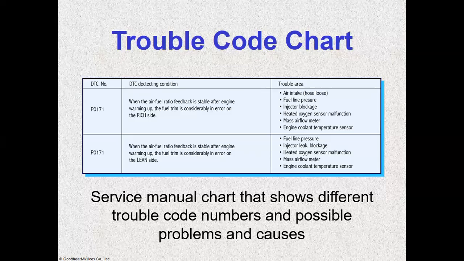And probably the computer knows after a certain period the engine should be warm by then. So those are the areas where we'll actually go and check, right? And then P0171, when the air fuel ratio feedback is stable after engine warm up, the fuel trim is considerably in error on the lean side.